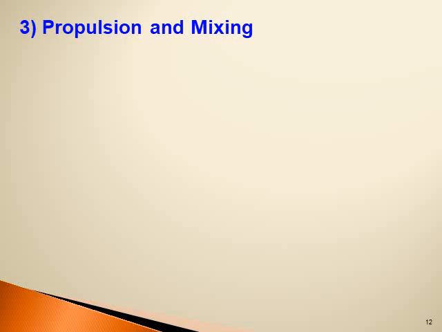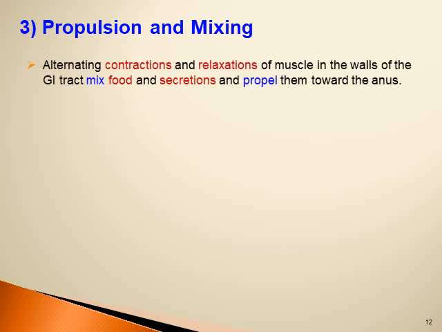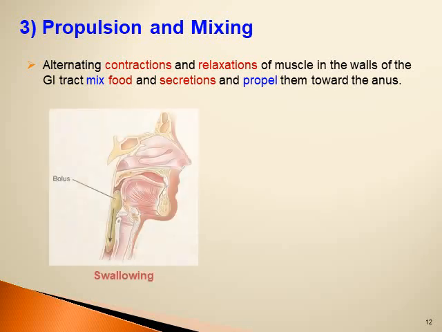Alternating contractions and relaxations of muscle in the walls of the gastrointestinal tract mix food and secretions, as well as propel them towards the anus. So the contractions are helpful in the mixing of food with the secretions and also propel them downward towards the anus.